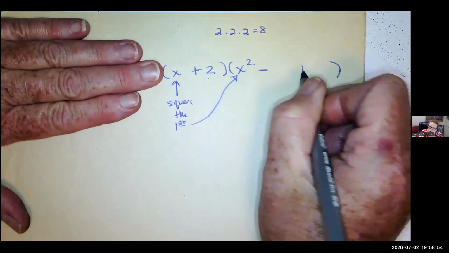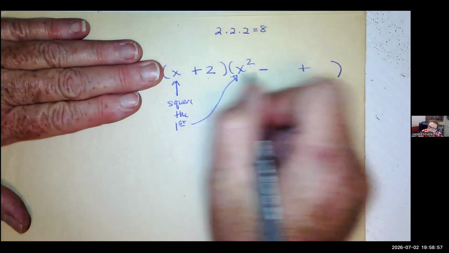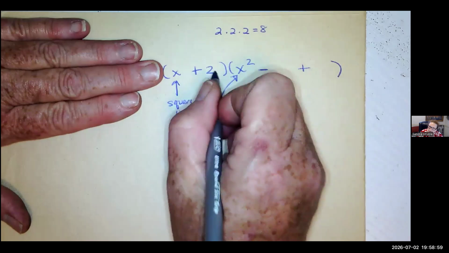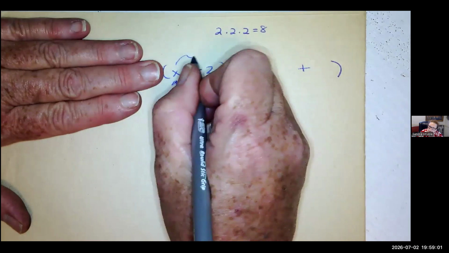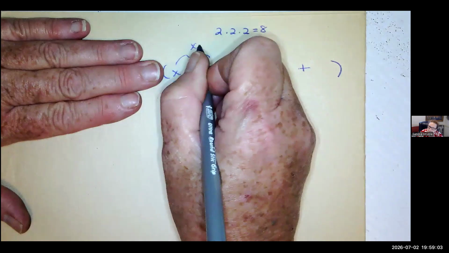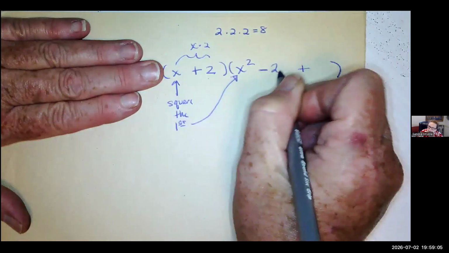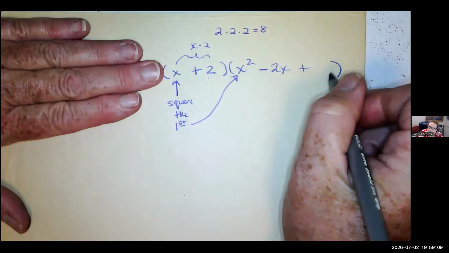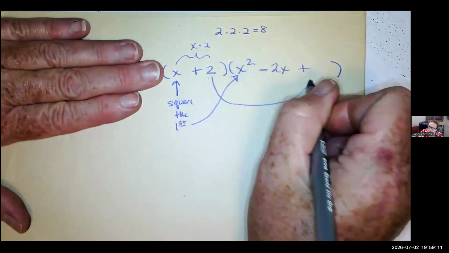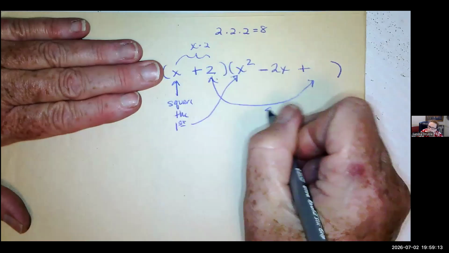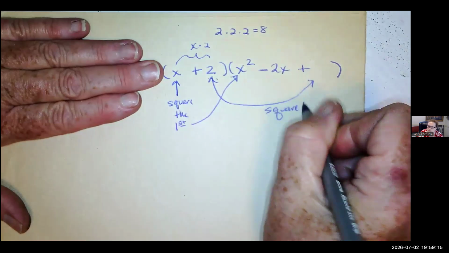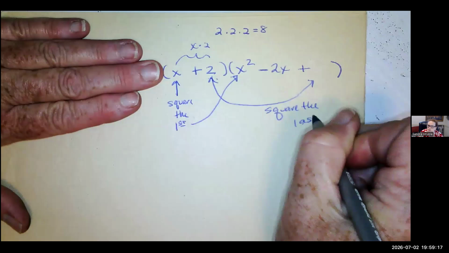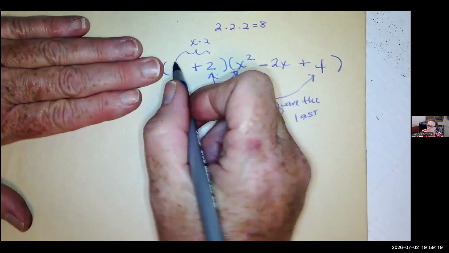So for your second term, you're just going to multiply these two together. X times 2, which is 2x. And then for the last term over here, you're going to square the last. So 4. And that is your factored sum of 2 cubes.